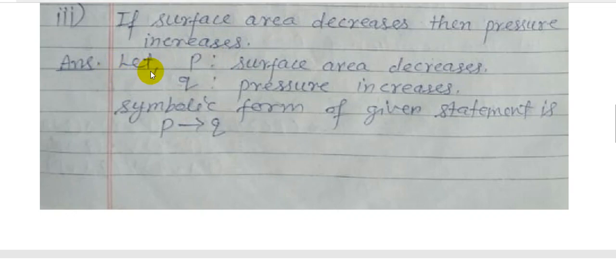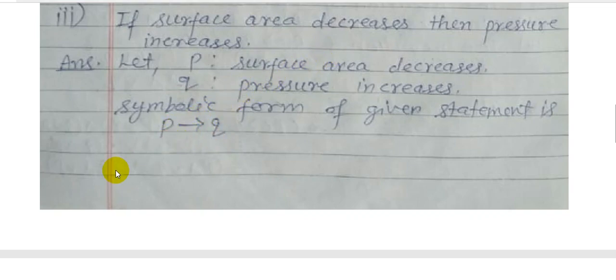So its answer: let P be surface area decreases and Q be pressure increases. The symbolic form of the given statement is P conditional Q.